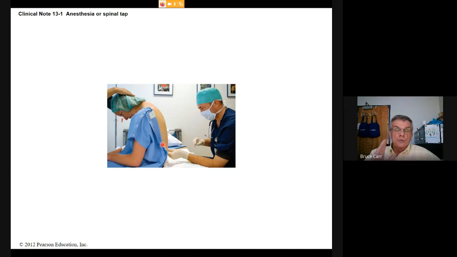That fluid is cerebrospinal fluid, and it would be sent to a pathologist, where the pathologist would look for physical signals of infection or degradation, fragments, dead cells, pathogenic materials like bacteria or viruses. That's the reason for a spinal tap.